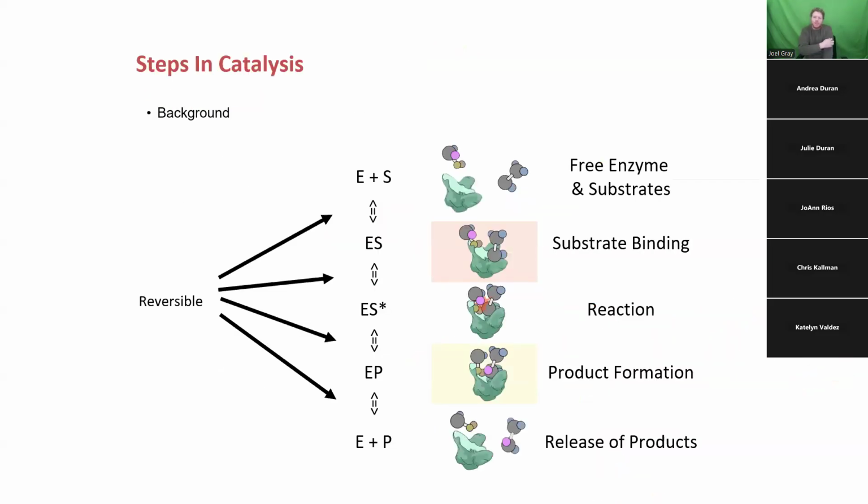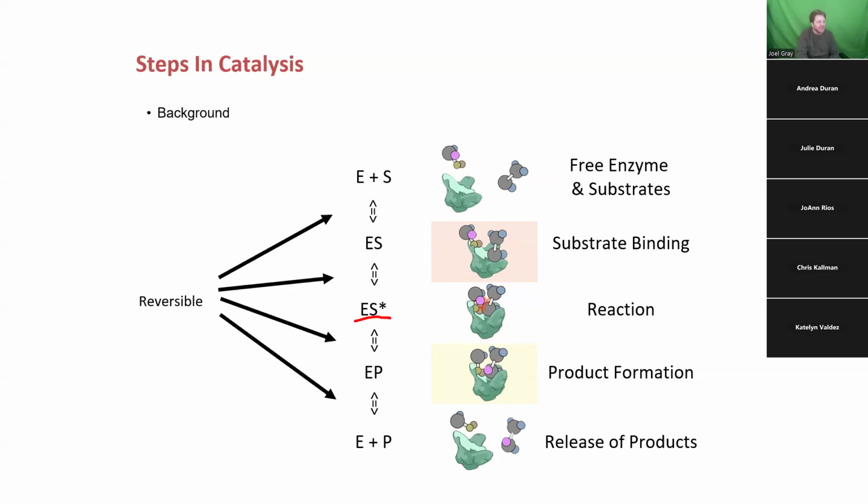Okay, so to sum this up, here are all of the different stages. Your free enzyme and the substrate, or substrates, is E plus S. The plus indicates that they are not in contact with one another. When the substrate or substrates are bound, that's denoted as ES. You use the ES star to denote the reaction is taking place.